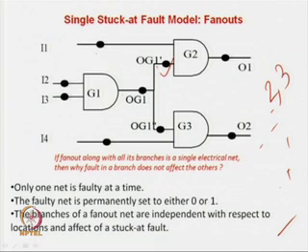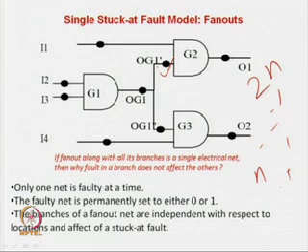So I will consider one fault at a time. If there are n nets and I consider one fault at a time, how many faults are there? It is actually 2n. If I consider all combinations, that is this line, this line, this line, and so forth, then it is 3 to the power n minus 1. But if I consider that only one fault can happen at a time, and consider each one individually, then it is only 2n.